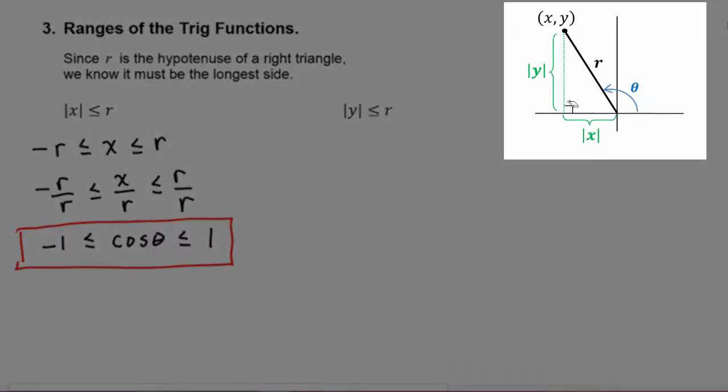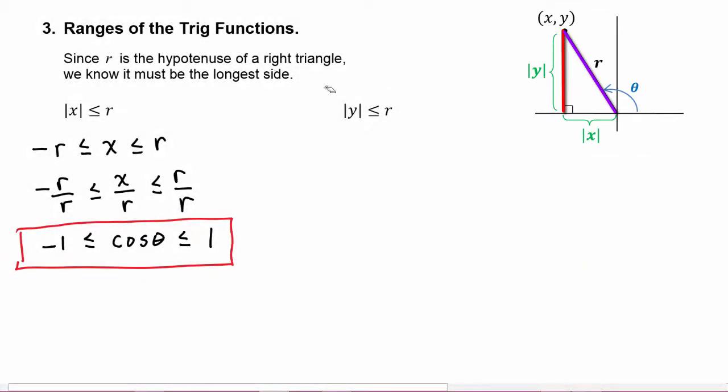Now similarly, we know the length of this leg, which is absolute value of y, has to be less than or equal to the length of the hypotenuse. We can get rid of the absolute value again by turning this into negative r is less than or equal to y is less than or equal to r. We're going to divide through again by r as we did before.